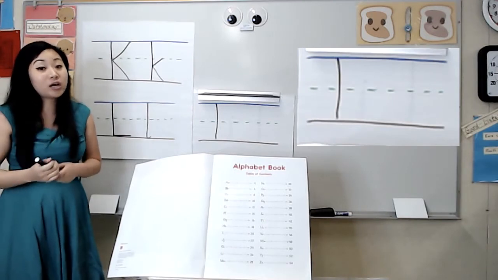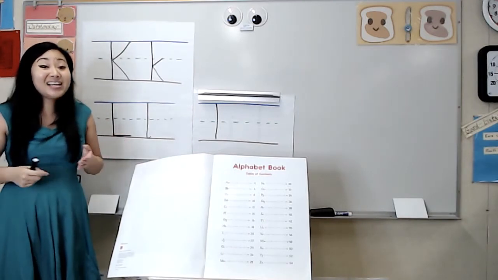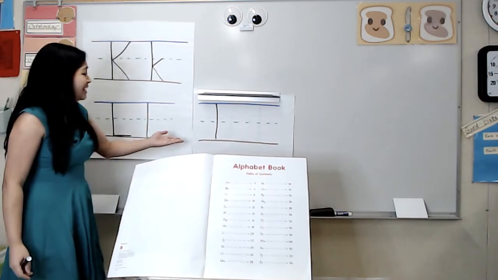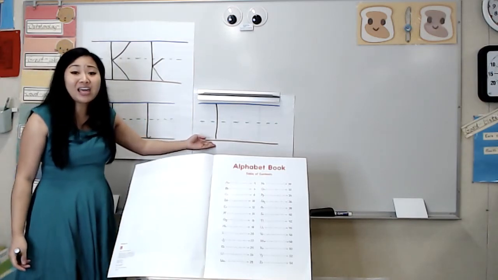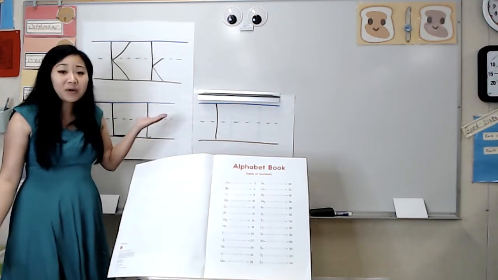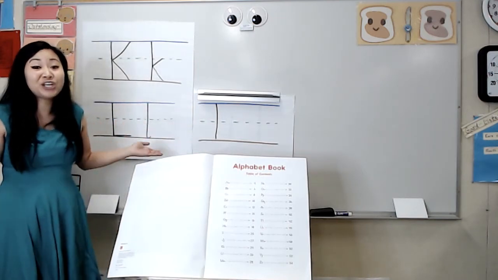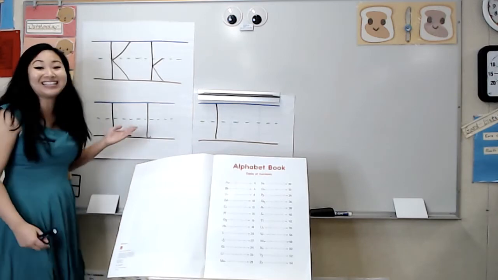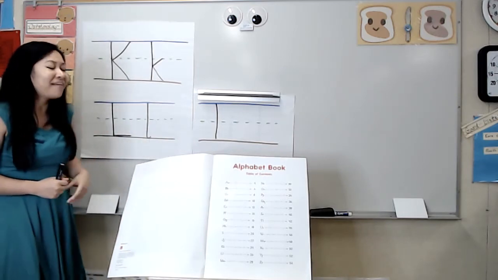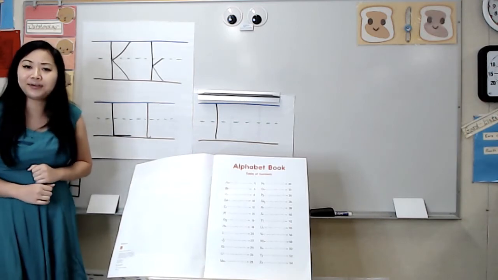But like I talked about yesterday, that can get pretty confusing because you're not sure if that's an I or the number 1 or if it's our lowercase l. So Miss G likes to put a fancy little tail on her lowercase l. That way she knows for sure that that's lowercase l.